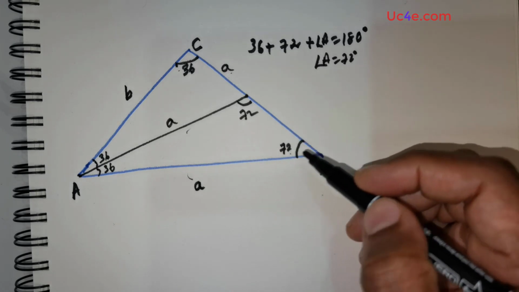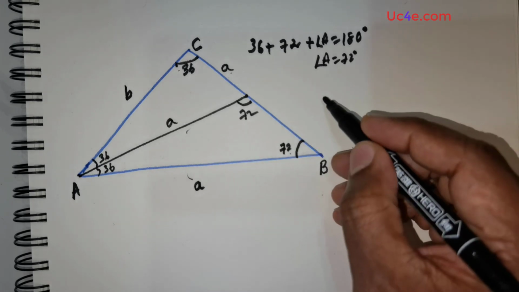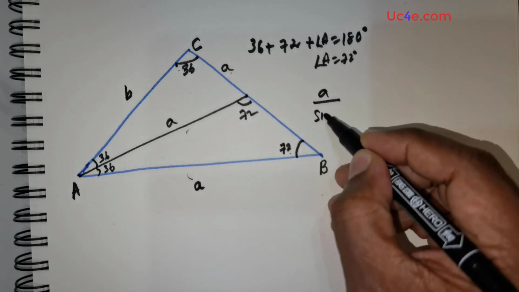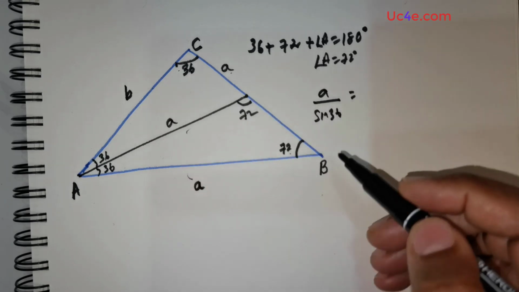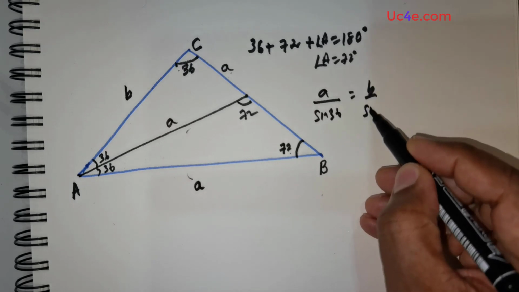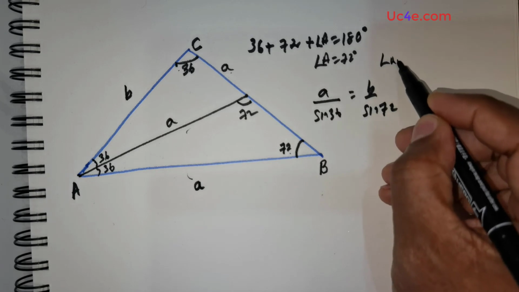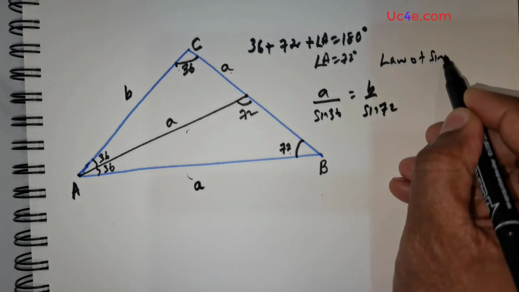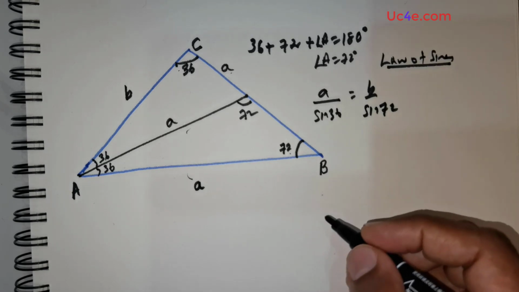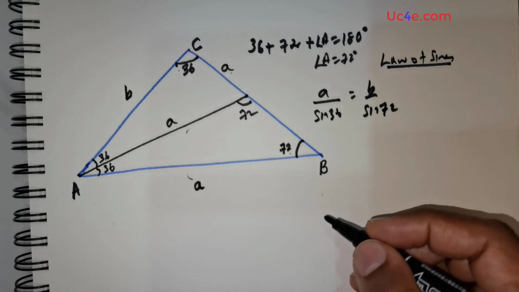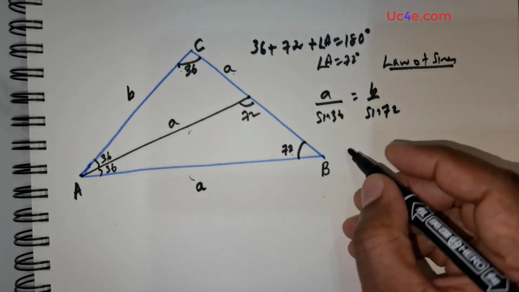So by the law of sines, I would connect A over sine 36, and that is equal to B over sine 72. So this is nothing but the law of sines. Using this law of sines, we would be able to obtain the solution in a simple manner.